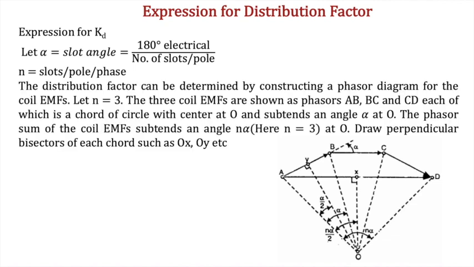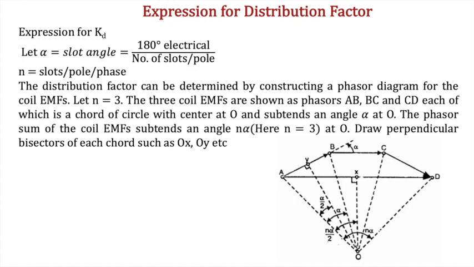For the phasor diagram, we have considered N, that is slots per pole per phase, equal to 3, and the 3 coil phasors are AB, BC and CD. Each is a chord of a circle with center O and subtends an angle of alpha at O.